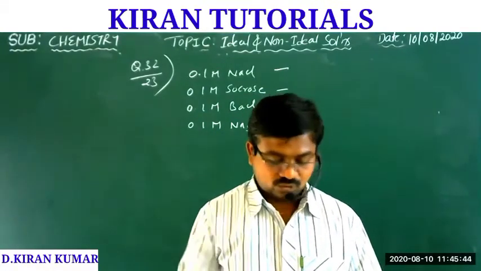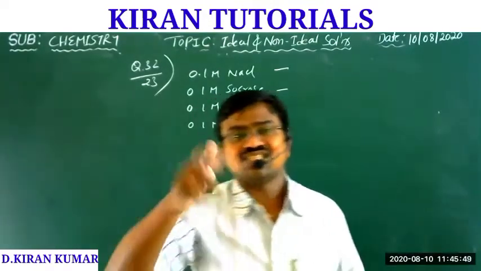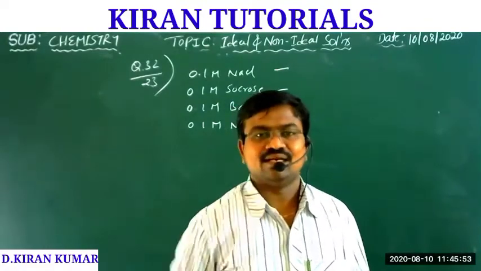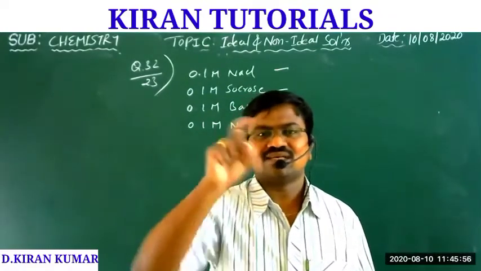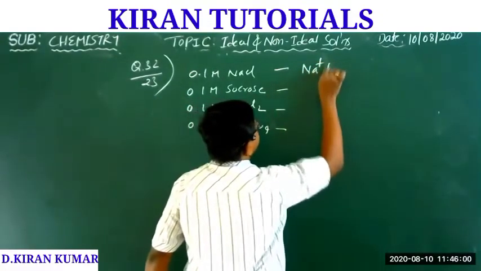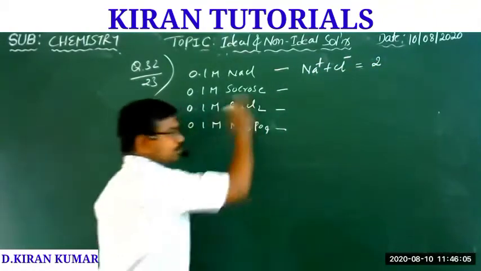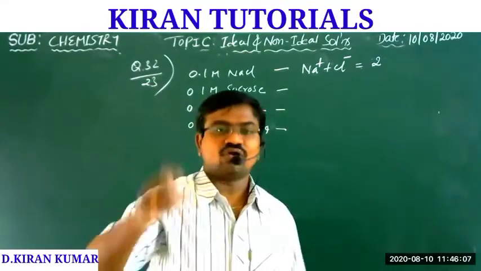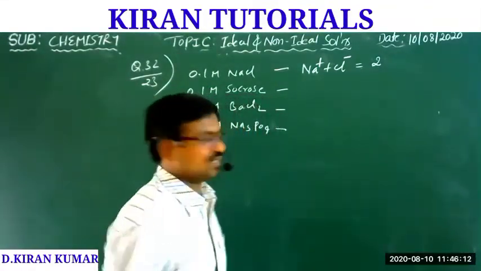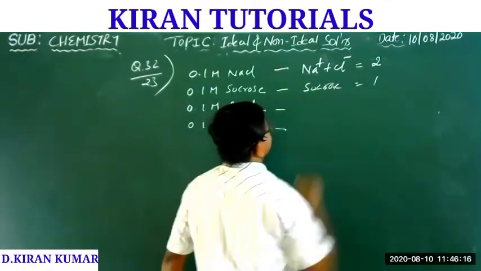To find that out, consider the ionization of each salt. NaCl: how many ions are formed? It forms Na plus and Cl minus, so 2 ions are present. What about sucrose? Sucrose is dissolved in water but is not converted into ions, so it is 1.